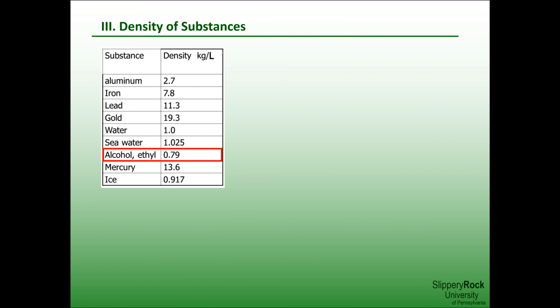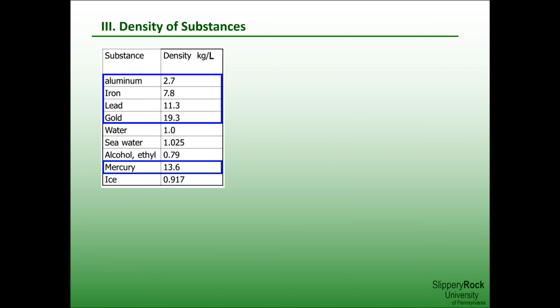Ice has a density of 0.917 kilograms per liter, also less than water. This explains why ice floats. Water itself has a density of 1.0 kilograms per liter. Aluminum, iron, lead, mercury, and especially gold have much higher densities, meaning they are significantly heavier for the same volume.